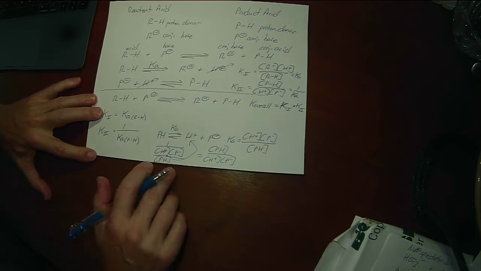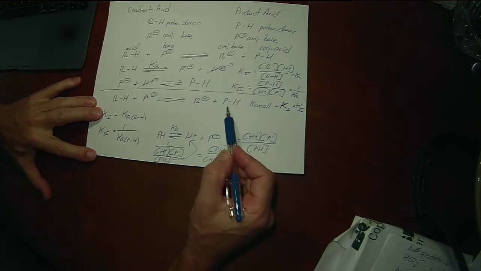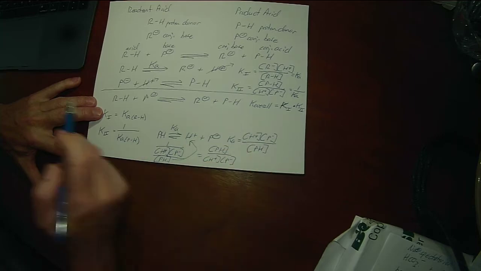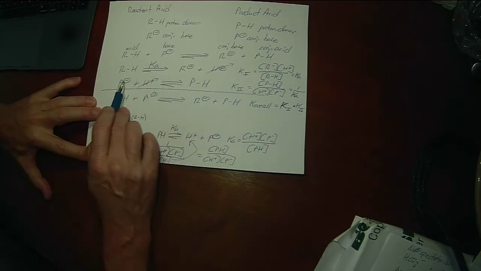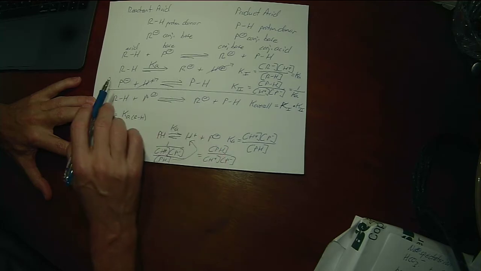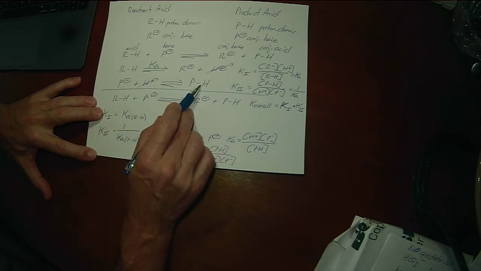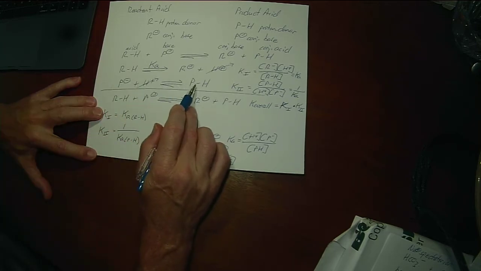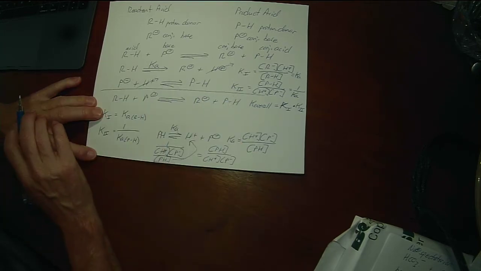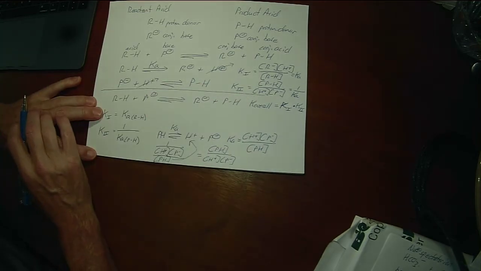So if your acid is written on the product side, you're always working with the inverse. You've basically multiplied this reaction by -1 to get it from PH on the reactant side to PH on the product side. And if you multiply the reaction by -1, you take the reciprocal of the equilibrium constant. Basically, you take the equilibrium constant to the -1 power.